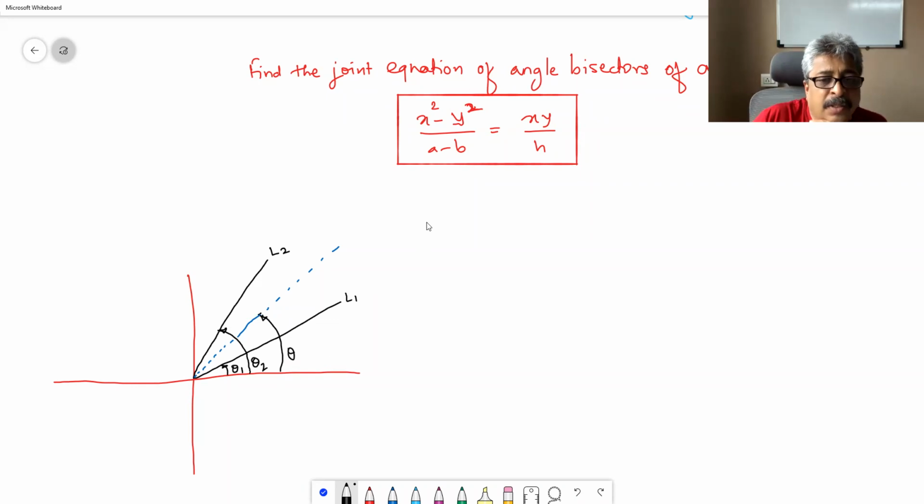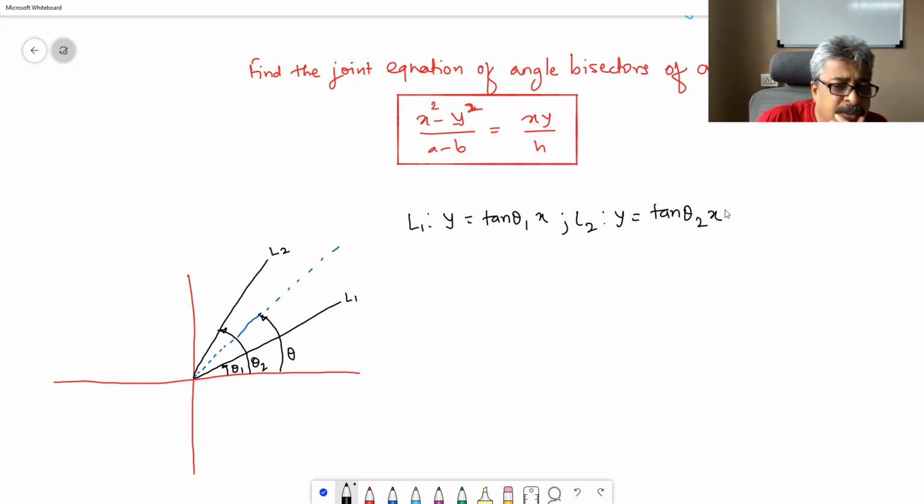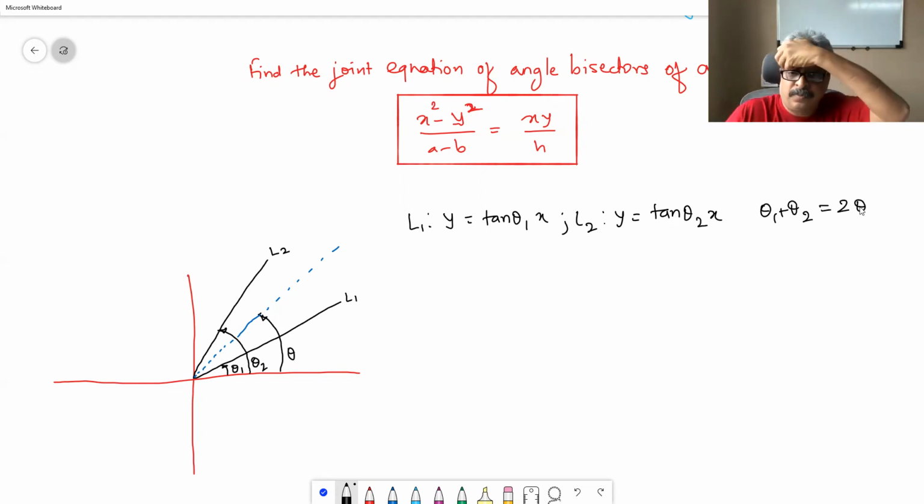So L1 is y is equal to tan theta 1 x, L2 is y is equal to tan theta 2 x, correct? And what is the relation of theta 1 and theta 2 with respect to theta? Theta 1 plus theta 2 is 2 times theta, correct?